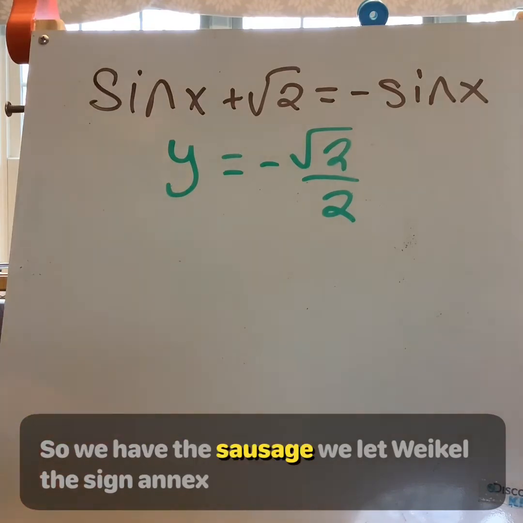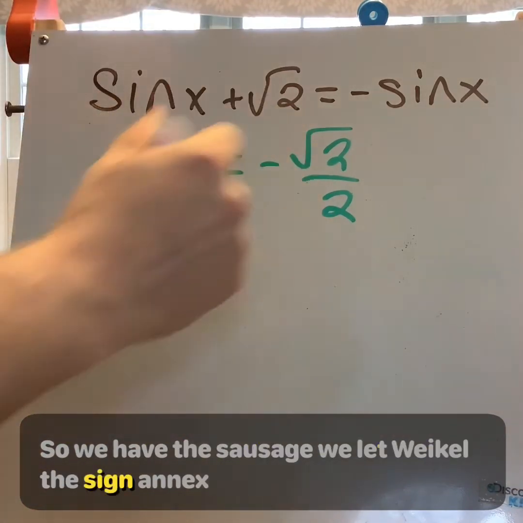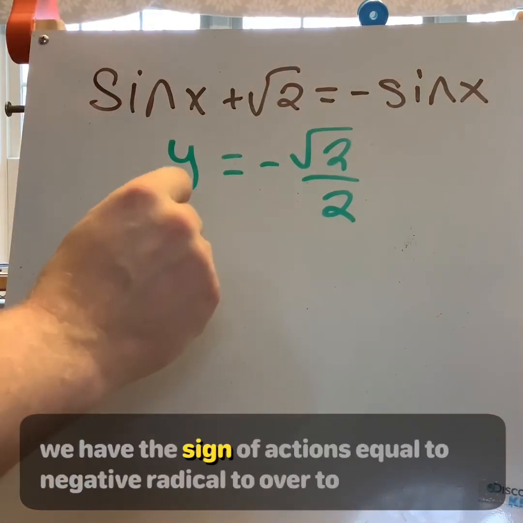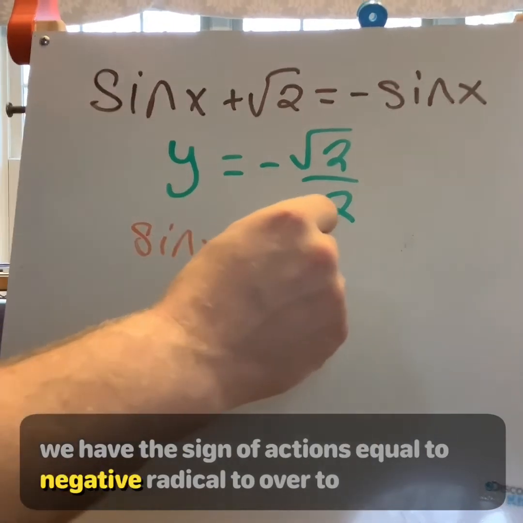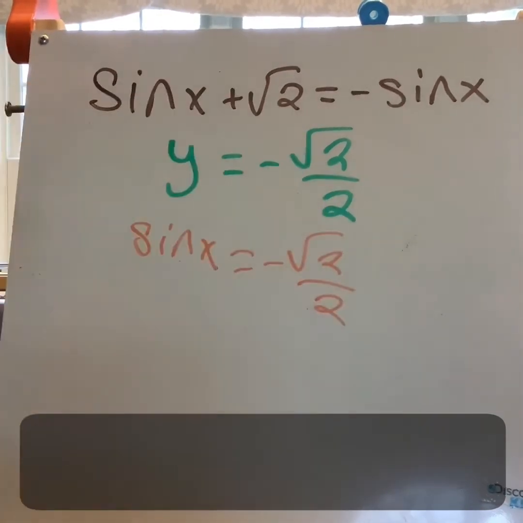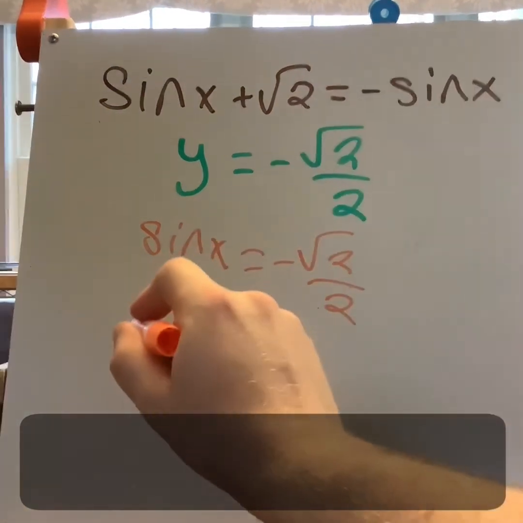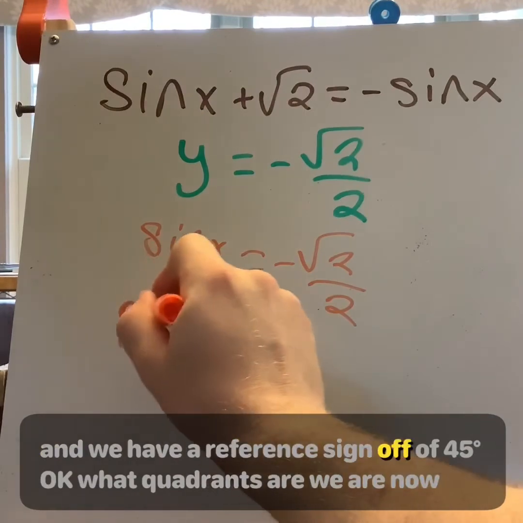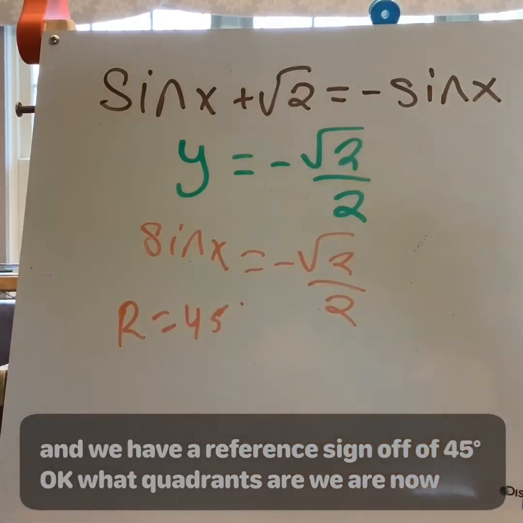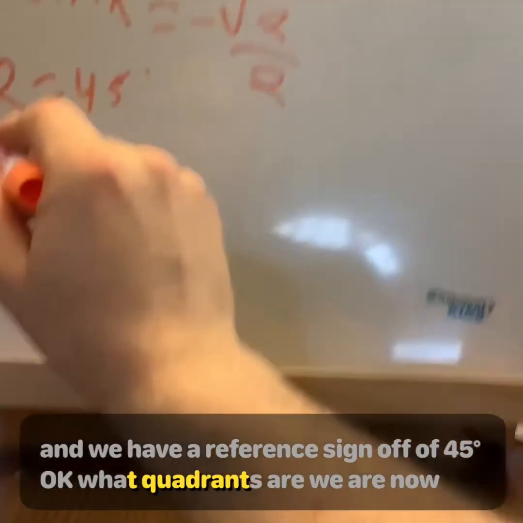So since we let y equal the sine of x, we have the sine of x is equal to negative radical 2 over 2. Okay? Now, what's our reference angle? You look at your chart, and we have a reference angle of 45 degrees. What quadrants are we in now?